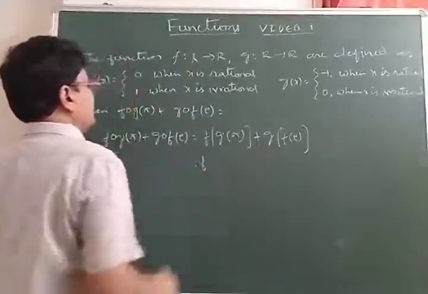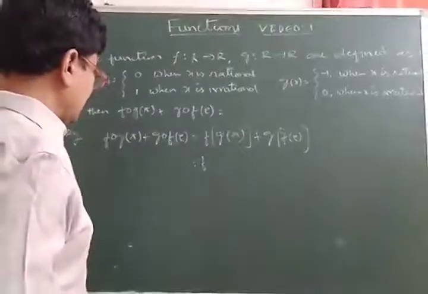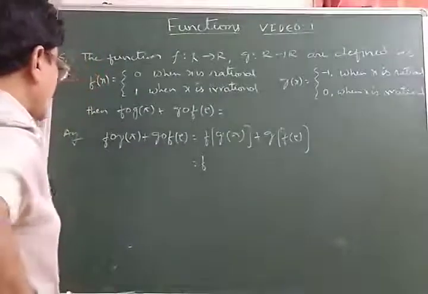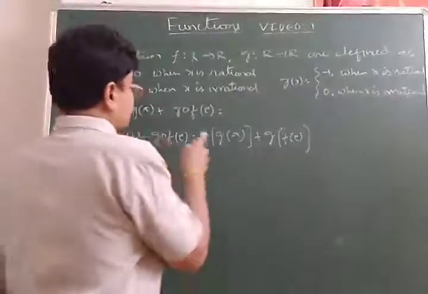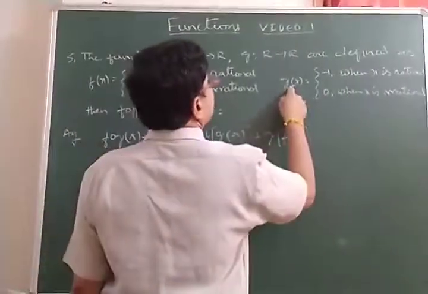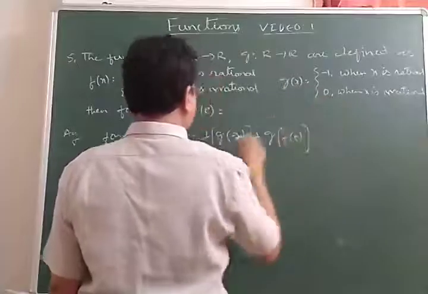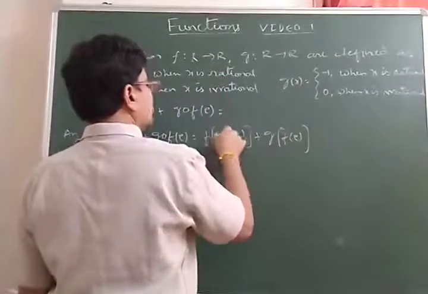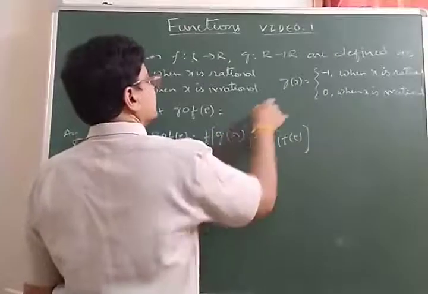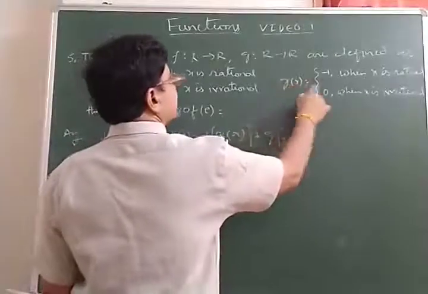f of g of pi. What is pi? Pi is an irrational number. g of pi is 0, since pi is irrational.